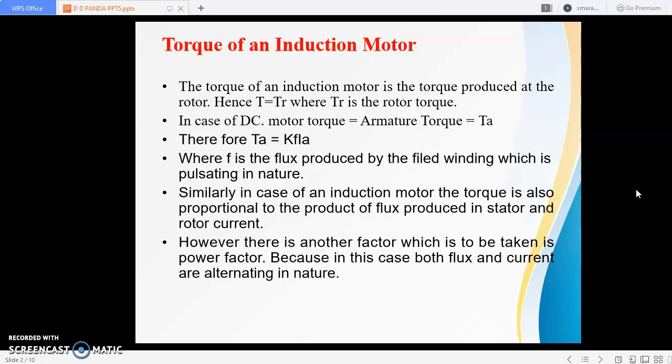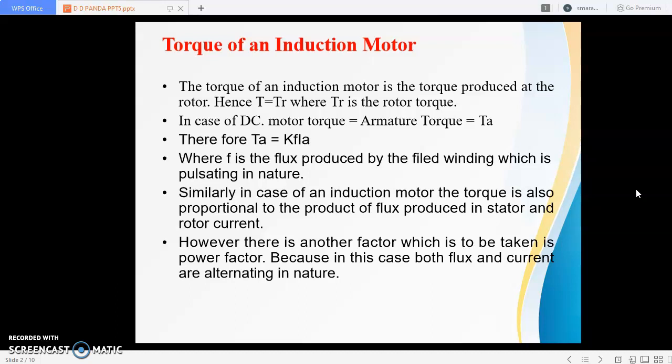In case of a DC motor, the torque equals the armature torque, or we can say TA, where TA equals K phi IA, where phi is the flux produced by the field winding, which is pulsating in nature.